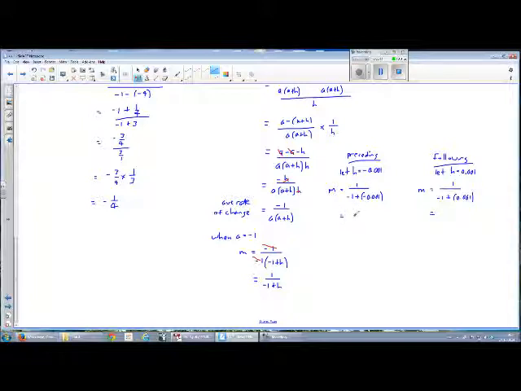And so we're left here with 1 over negative 1.001, which is negative 0.999000999, etc. And this is going to be 1 over negative 0.999.